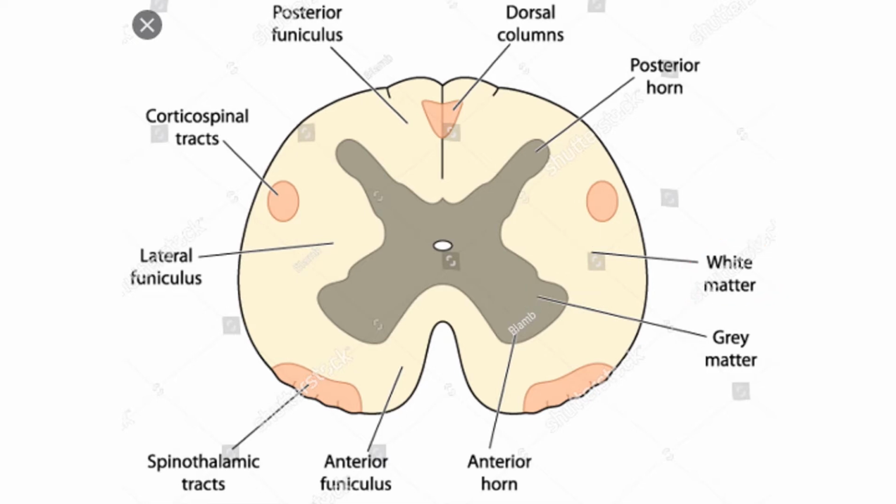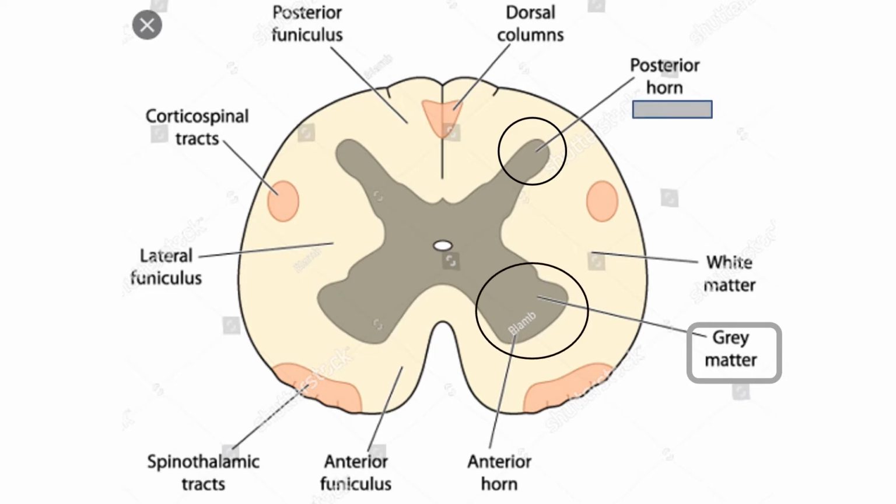In this section of the spinal cord, we can see that the gray matter makes the inside of the spinal cord, and it is arranged in an H-shaped structure. Posteriorly, we have what is called the posterior horn, which is sensory, and an anterior horn, which is motor, and then we have a connecting gray matter between the right and the left parts of the gray matter.